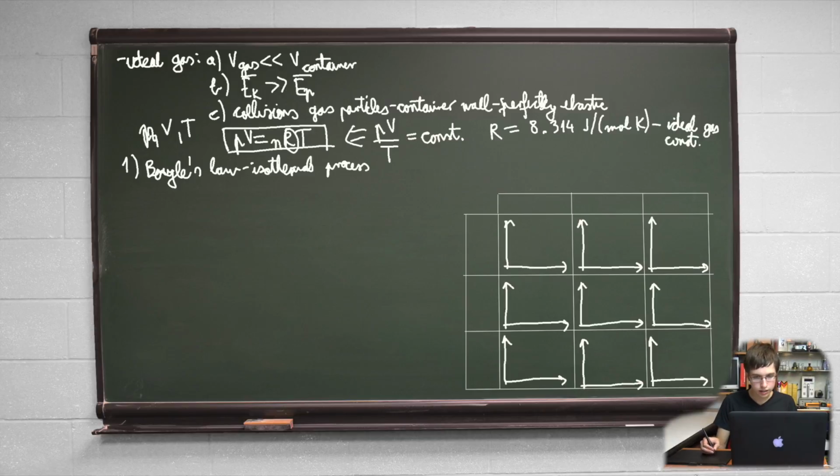This means that in this isothermal process, temperature is constant, meaning that change of temperature delta T is 0, but pressure and volume do change. So P and V do change, and their product P times V, PV, is constant in an isothermal process.